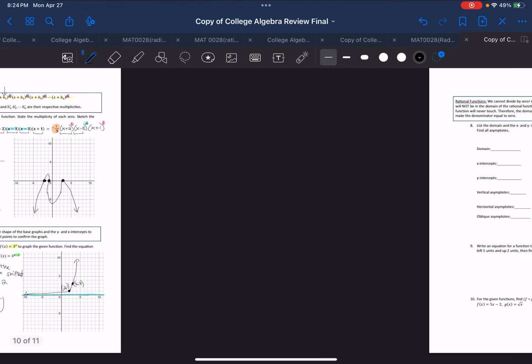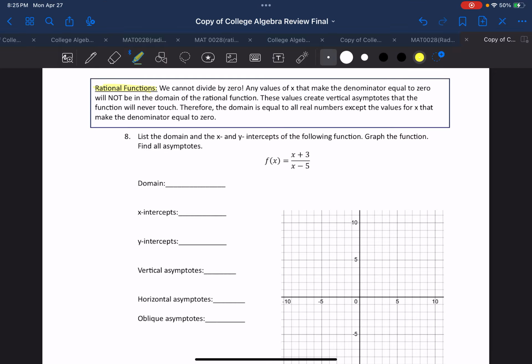All right, so the next one is rational functions. So remember, for rational functions, we cannot divide by 0. So any values of x that make the denominator equal to 0 will not be in the domain of this rational function. So that's how we find the domain. It's going to be all numbers except for any values of x that make this denominator equal to 0, which would be 5.